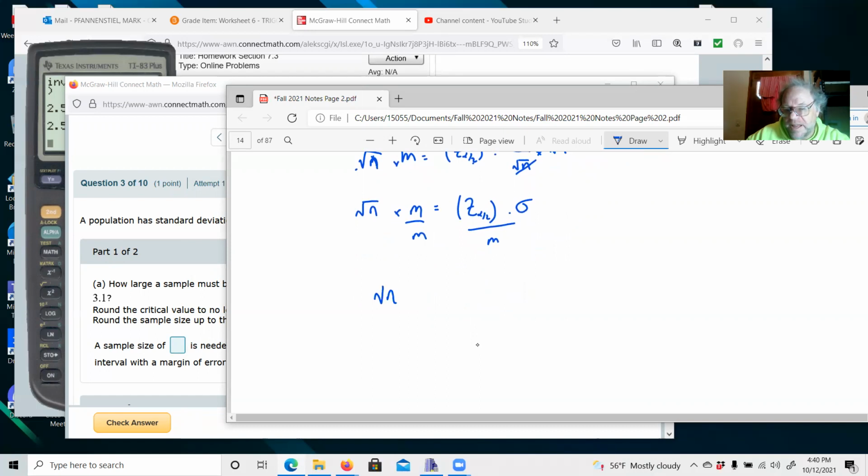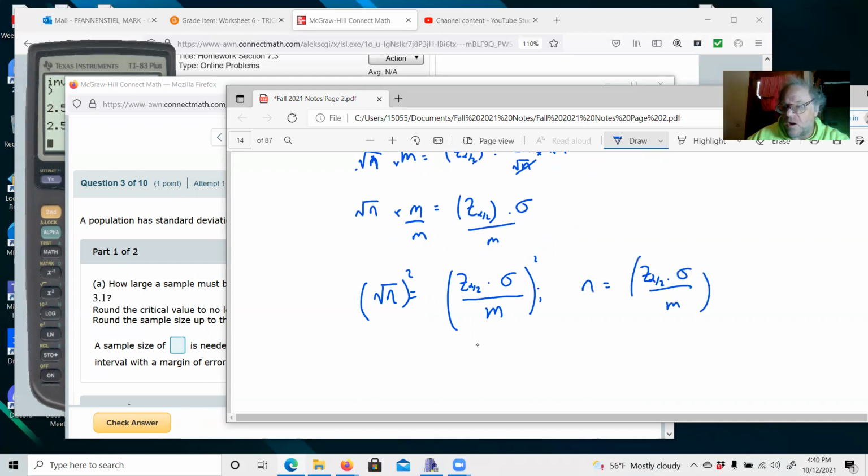So we have the square root of N is equal to Z alpha over 2 times sigma divided by M. Last thing, we have to solve for N, so how do I get rid of a square root? We square it. So N is equal to Z alpha over 2 times sigma divided by M, all squared.